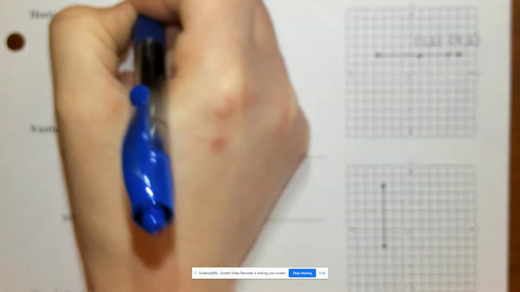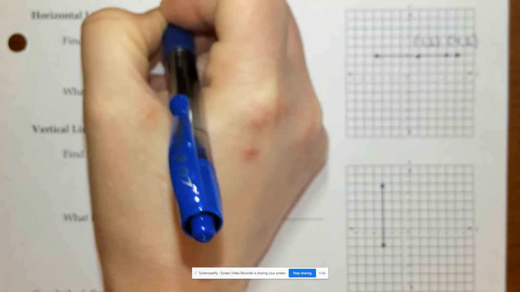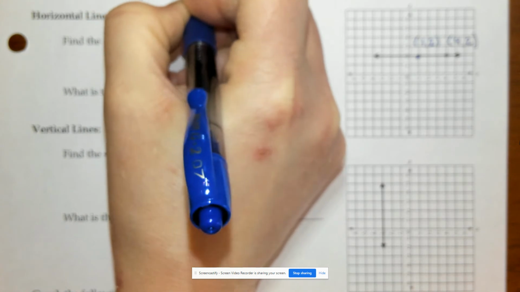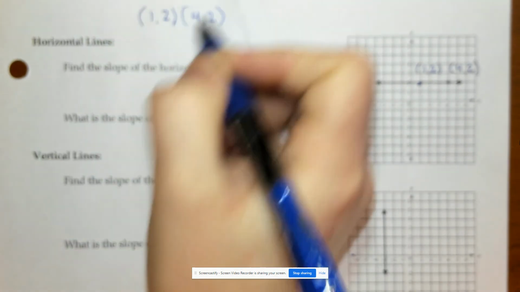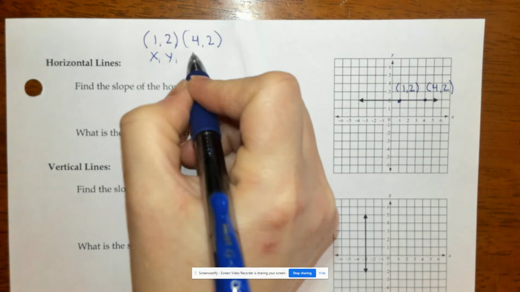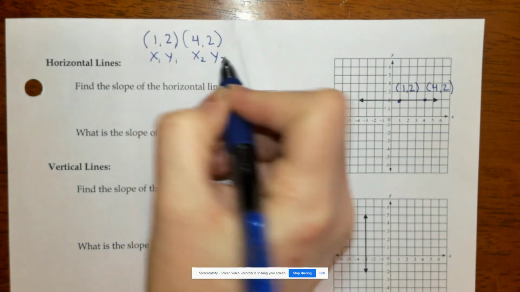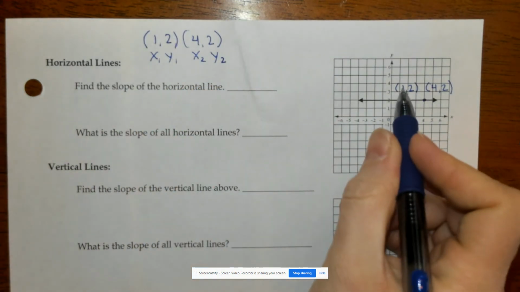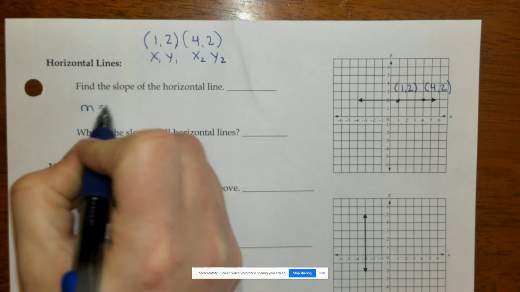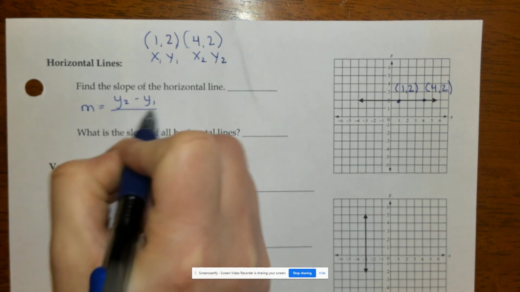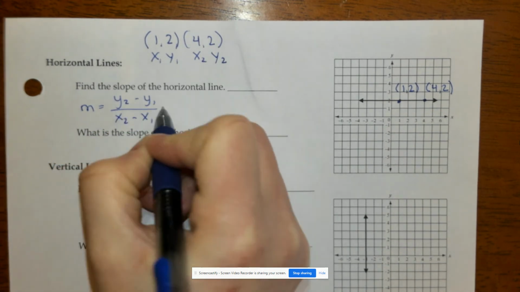I am going to label those as my x1, y1, x2, y2. Now you could have obviously labeled that over here, I just wrote kind of small. So the slope is going to be y2 minus y1 over x2 minus x1.